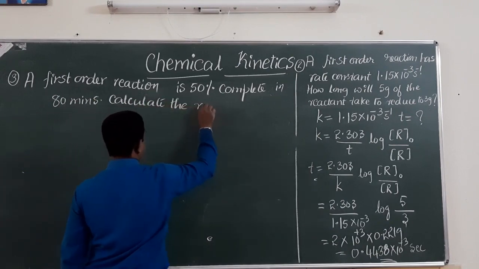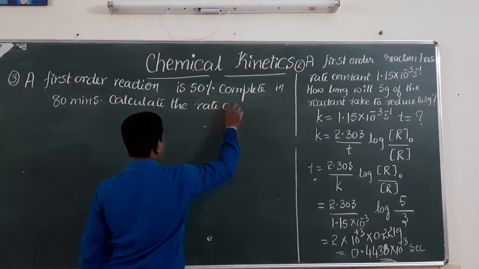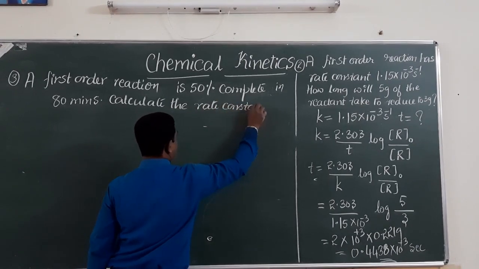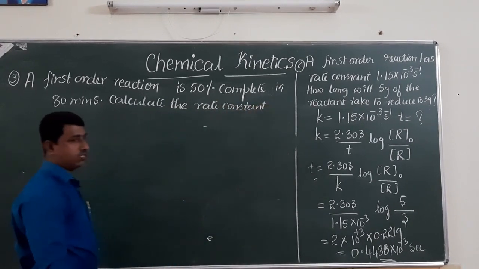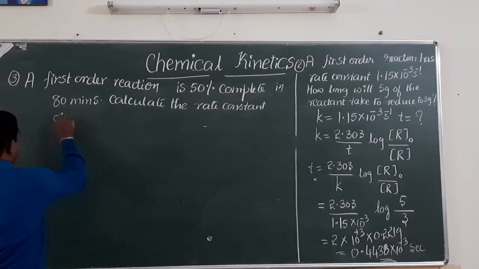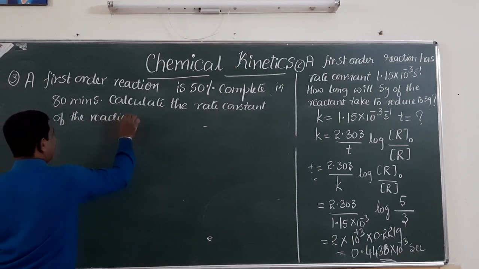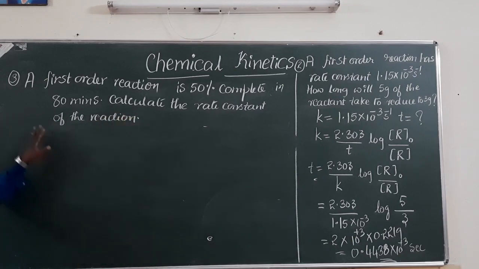Calculate the rate constant of the reaction. So what is the question? A first order reaction is 50% complete in 80 minutes. We have to calculate the rate constant, that is k value for the given reaction.